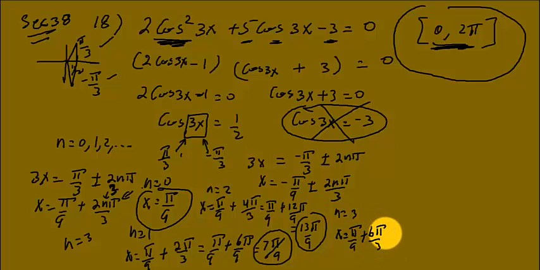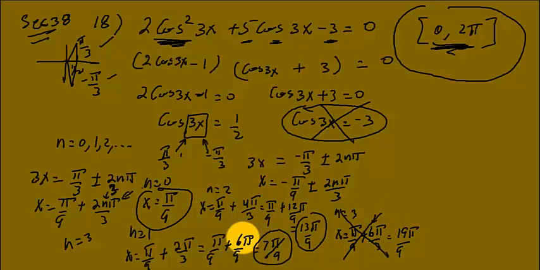Multiply top and bottom by 3 to get the common denominator. This is 18 here, and when I multiply by 3, 18 plus 1 is 19 pi over 9. And that's more than 2 pi, so I stop right there. So I don't go to the next n.